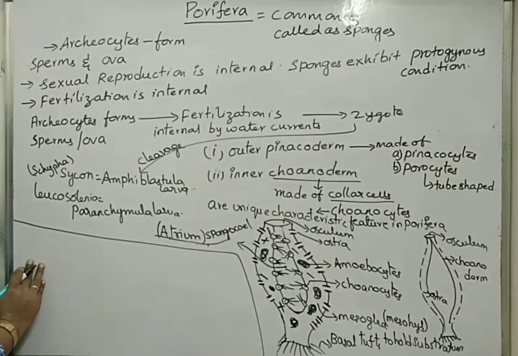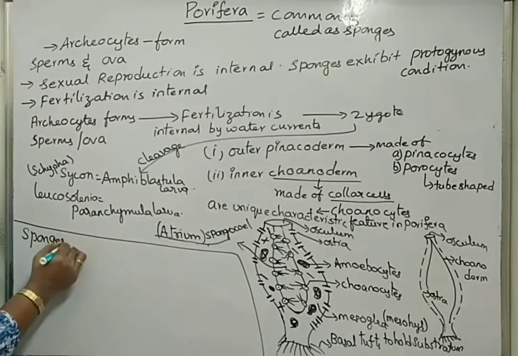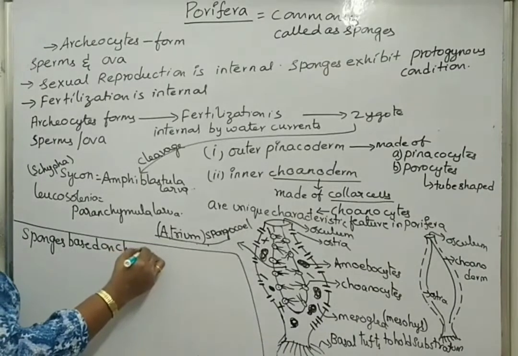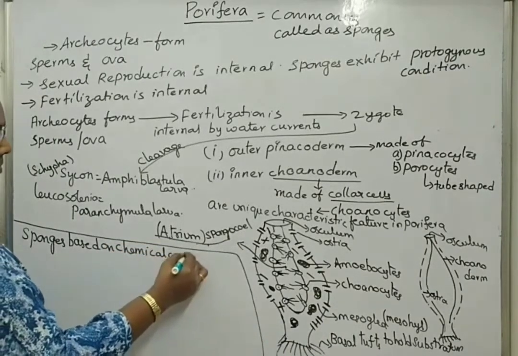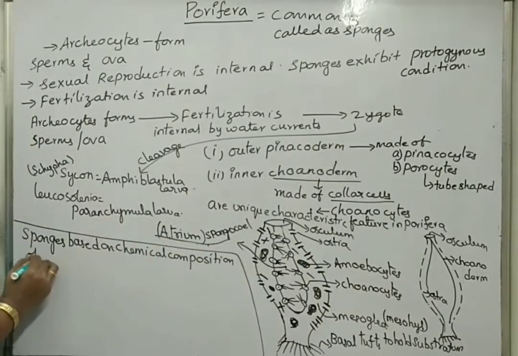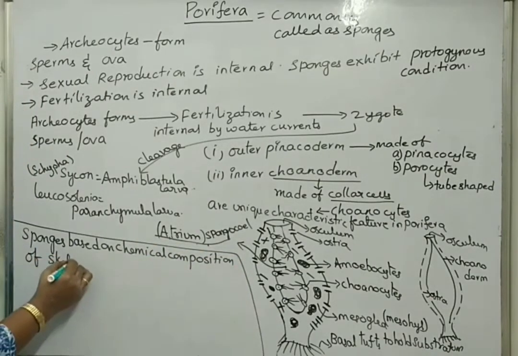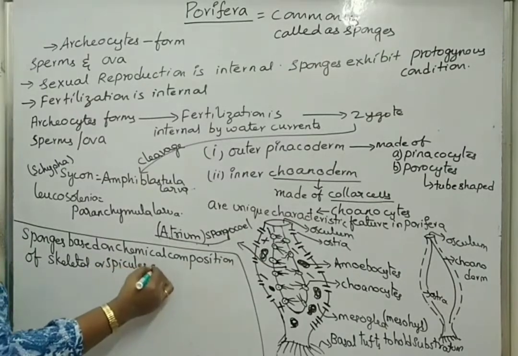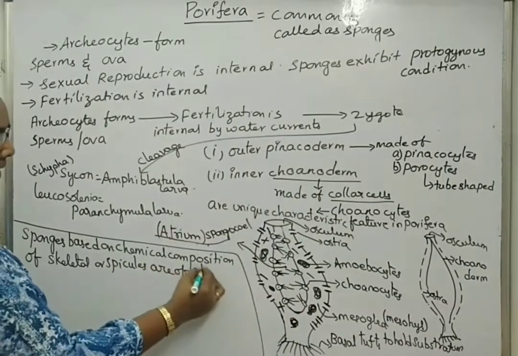Sponges based on the chemical composition of the skeletal system or spicules are of three types.